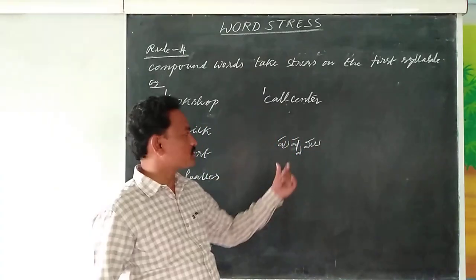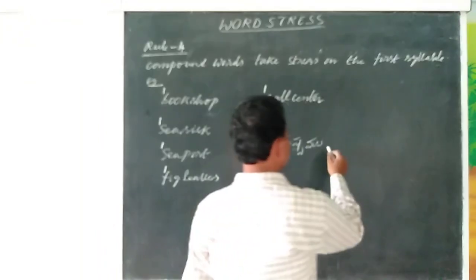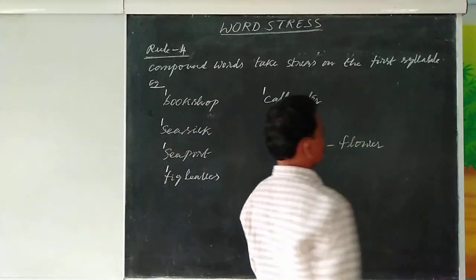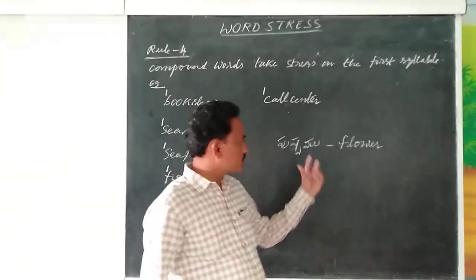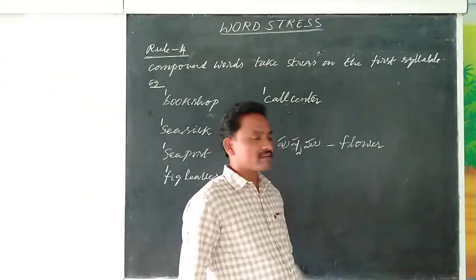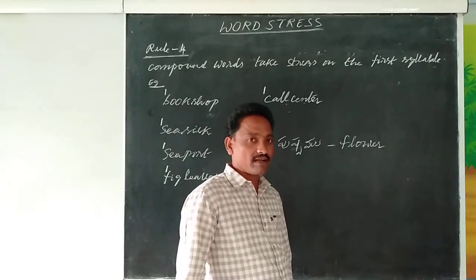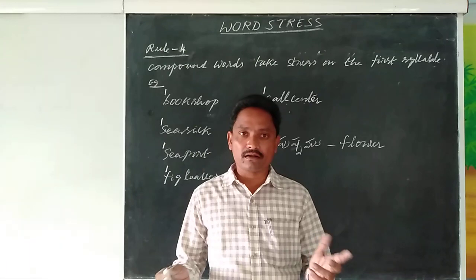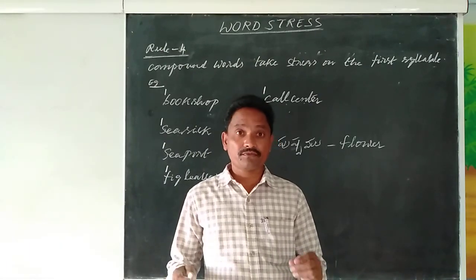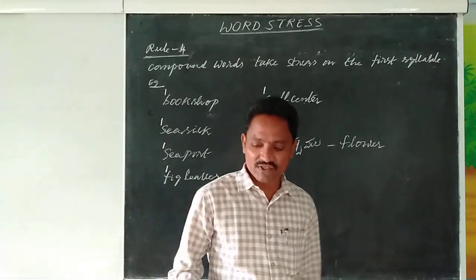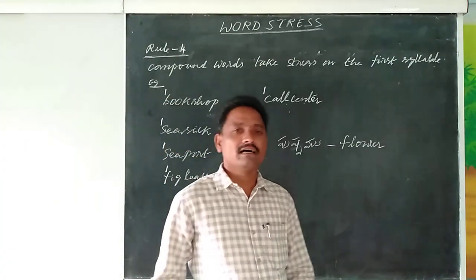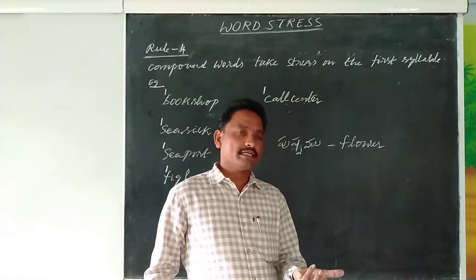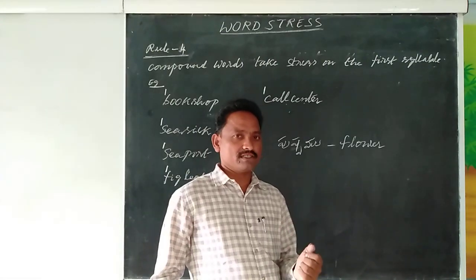We just pronounce in Telugu Pushpamu. But that word in English is F-L-O-W-E-R. According to Telugu accent, we pronounce that flower. But its pronunciation is flower. That is the difference between native speakers' pronunciation and other person's pronunciation.